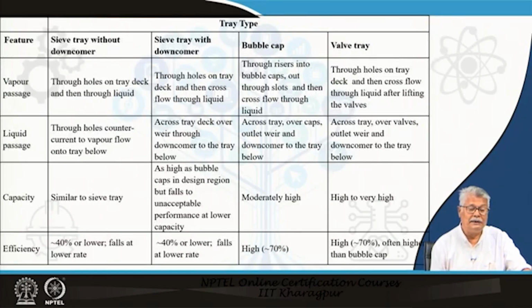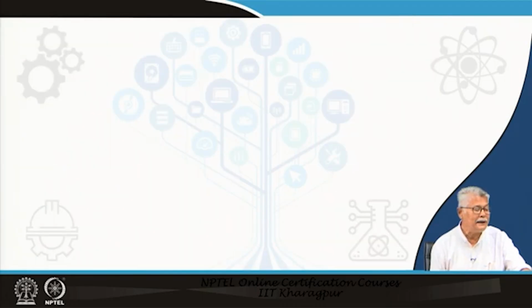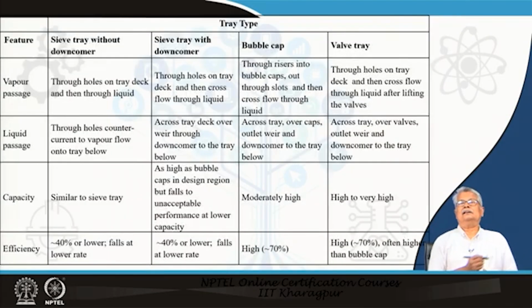Now, we look at the different tray types for vapor liquid contacting. We have so far talked about vapor liquid contacting with respect to absorption, stripping and distillation. And while talking about the tray internals, we talked about the sieve tray without downcomer.